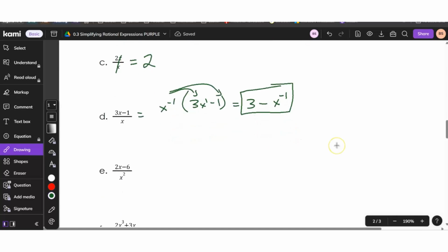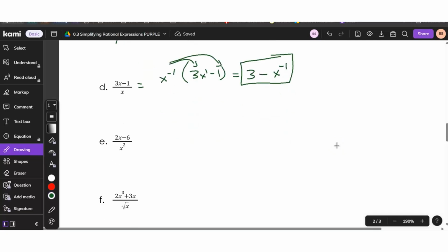Next one, can I cancel anything out? No. So I got to do the same thing. I got to put that x up top. X to the negative 2 times 2x minus 6. And now we're going to do the same kind of thing we did before. 1 times 2 is just 2. X to the negative 2 times x to the 1, because if there's nothing there, there's a 1.